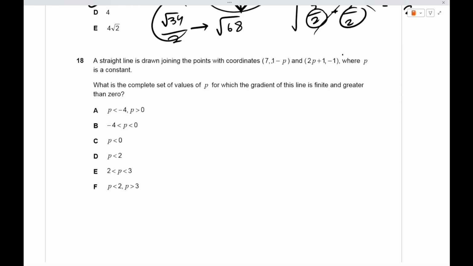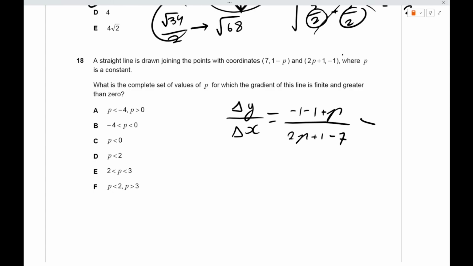Okay, so then you just do change in y over change in x. So really simple. I'm going to take away from that. So I'm going to have -1 minus this, or -1 plus p over 2p plus 1 minus 7.